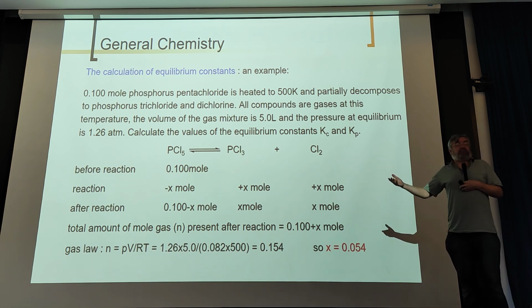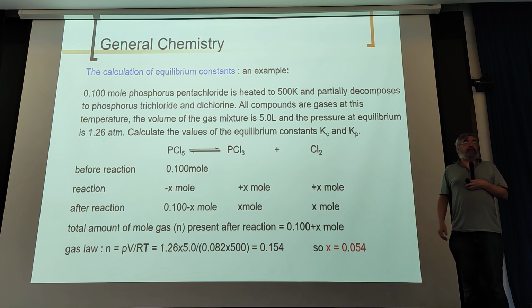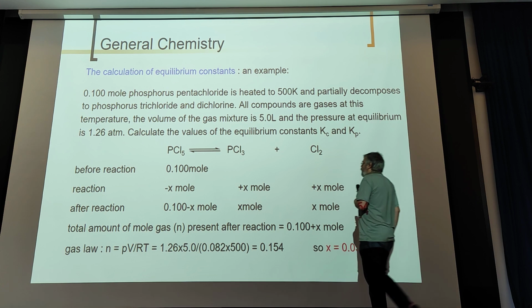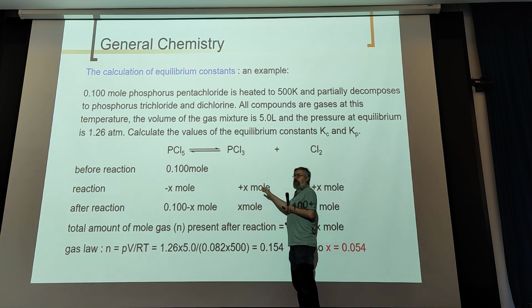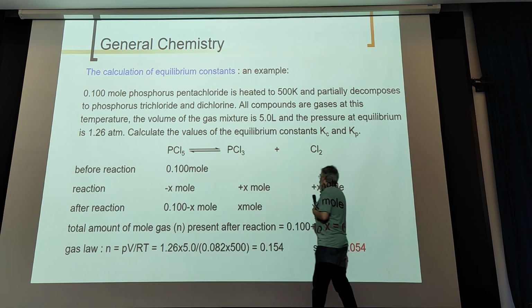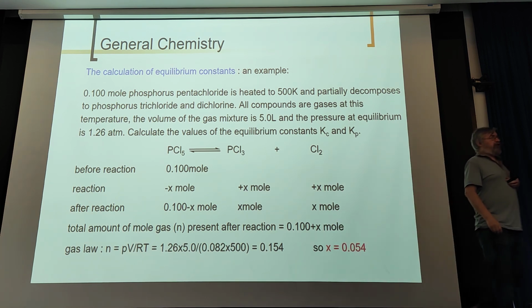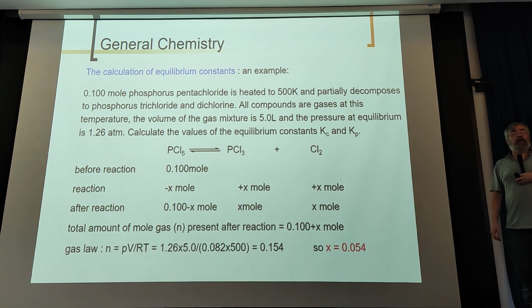Well, X of PCl5. It means we will form X mole of PCl3, the same amount, and we will form the same amount of dichlorine. So these are the concentrations: 100 millimole minus the X mole, and there is X mole formed for both PCl3 and Cl2.